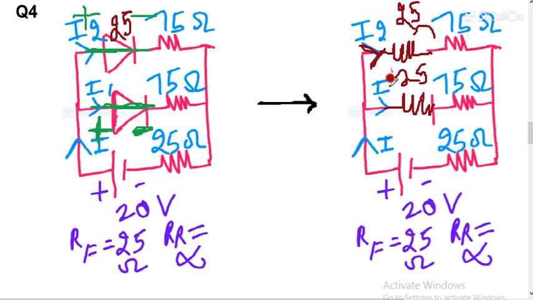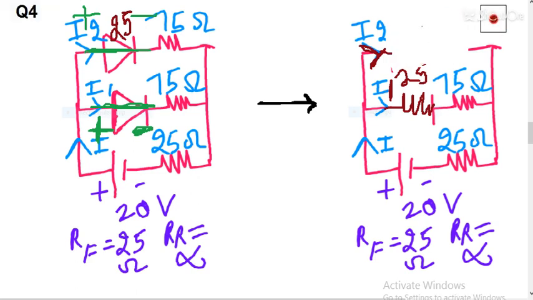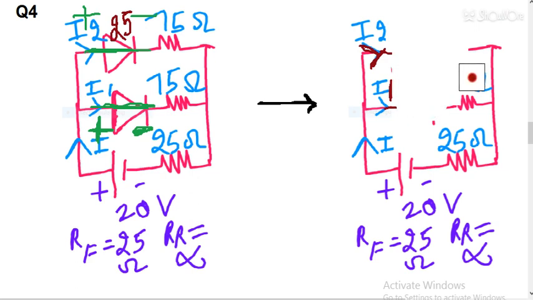For current I1 these two are in series, so they will offer 100 resistance, 25 plus 75, that is 100. So I have to draw a new resistance here. Okay, let me get the marker.